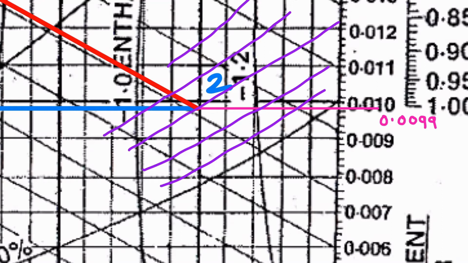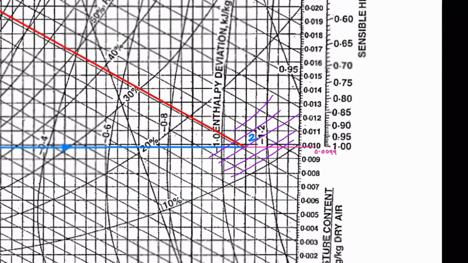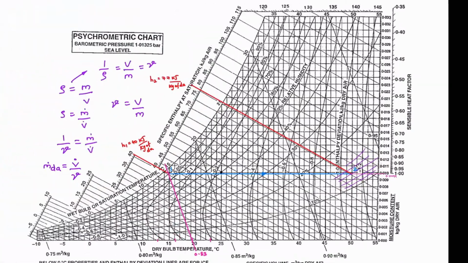This is 0.009 and this is 0.010. In between, 1, 2, 3, 4, 5, total 5 divisions are there. So this will be 0.0098 and this is 0.01. So in between this, approximately that value will be 0.0099. So I can write down that value from the psychrometric chart.